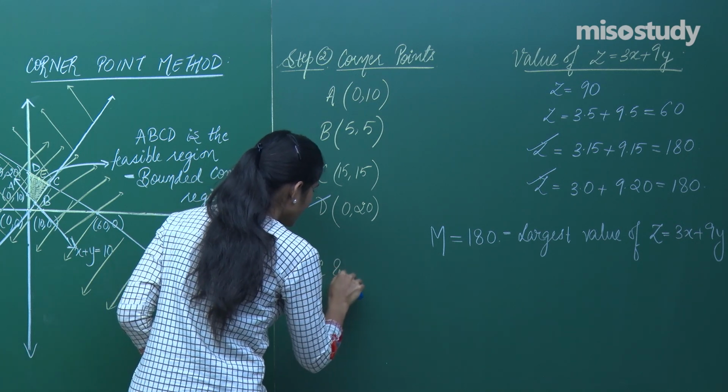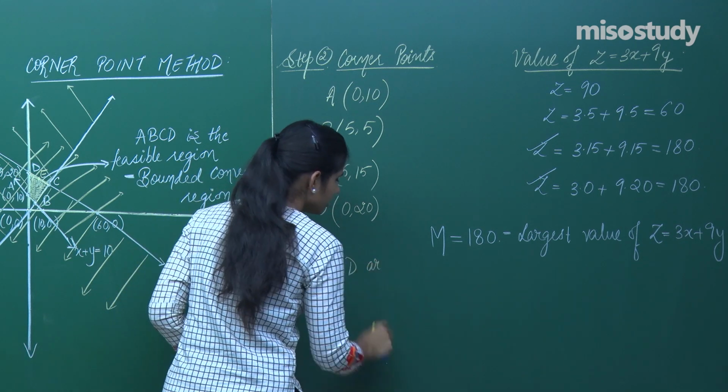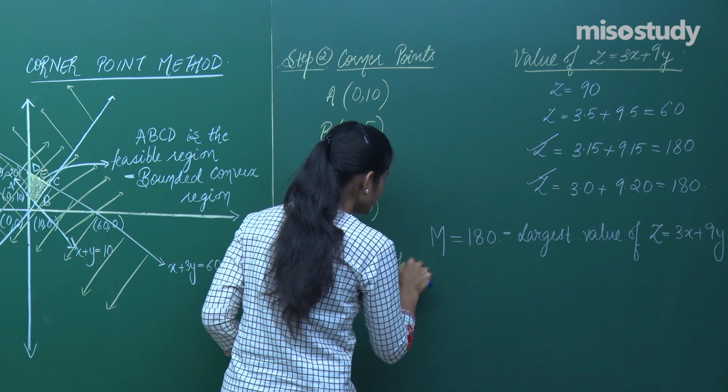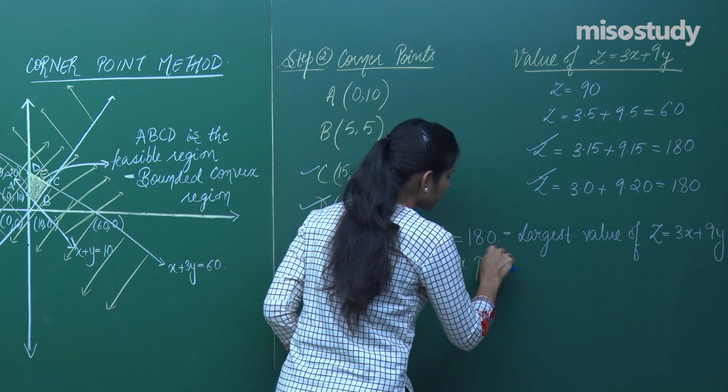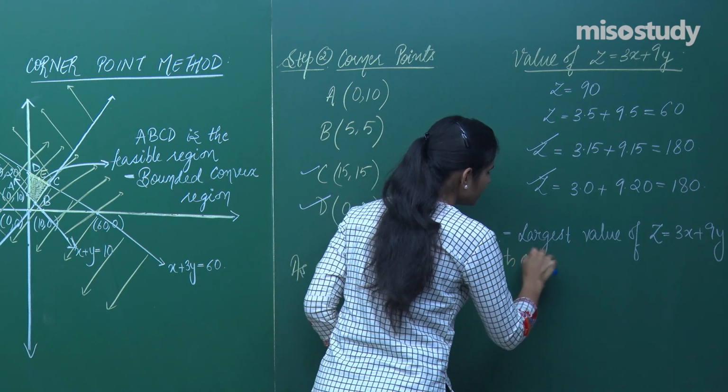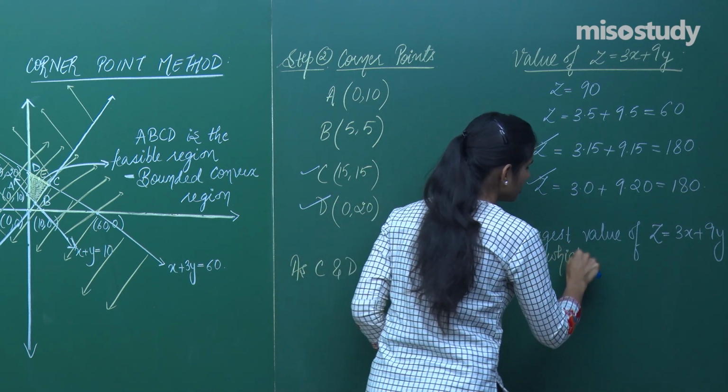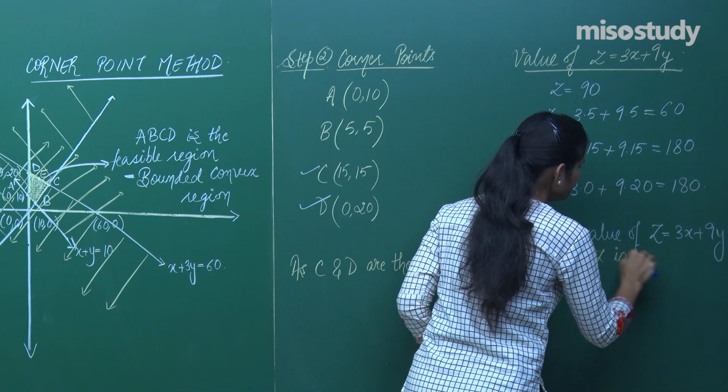as C and D are the corner points at which z is maximum.